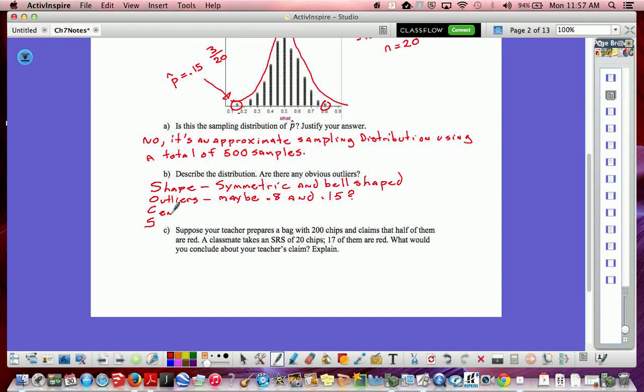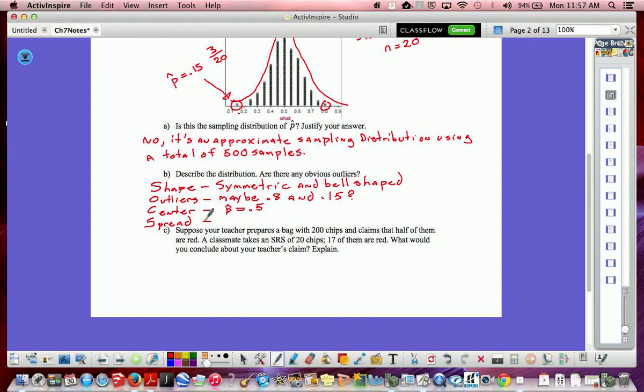How about our center? Our center, p hat, looks like it's at about 0.5. Well, that's what we would expect, right? If half of them are red and half of them are blue, we would expect the center of our sampling distribution to be right at 0.5. How about our spread?